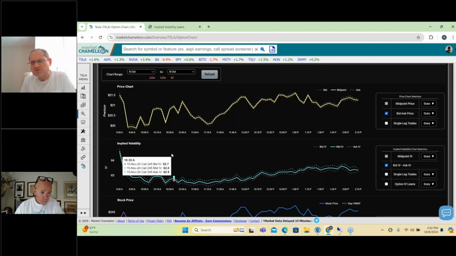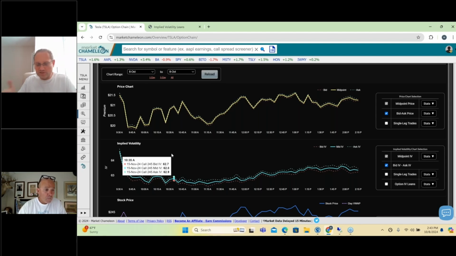And that's because the option value changes even without a trade. If the stock goes up, a call option is worth more, even if there are no trades. If the stock goes down, the option is worth less, even if there are no trades.